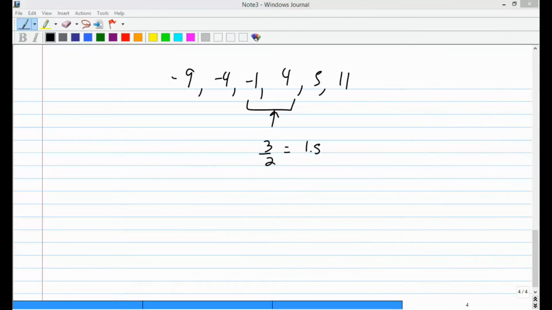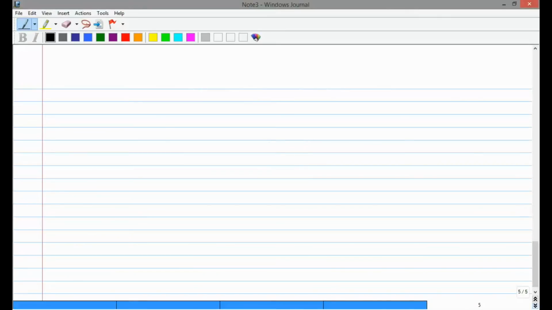Alright, so we got a lot of good information there. We have a sample of 574. We have a mean milk consumption of 4.1 liters. We have a population standard deviation of 1.1 liters.